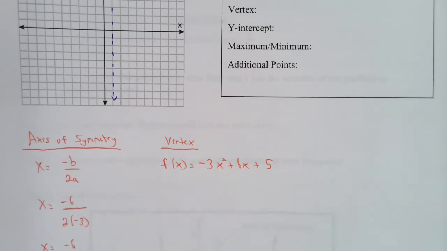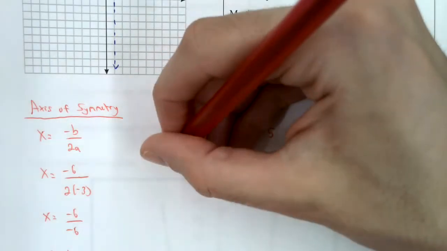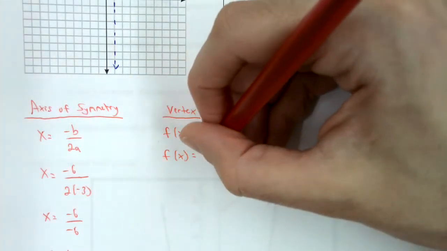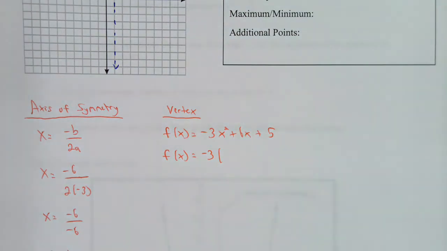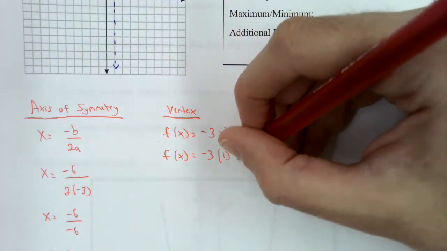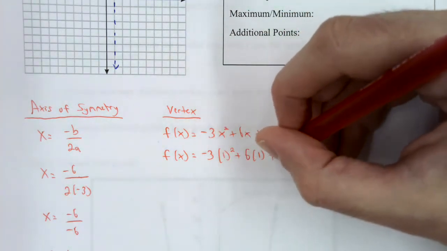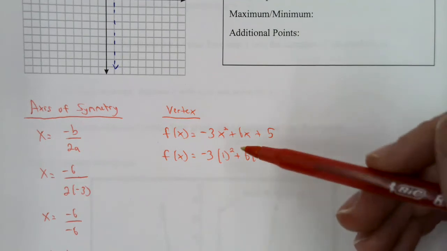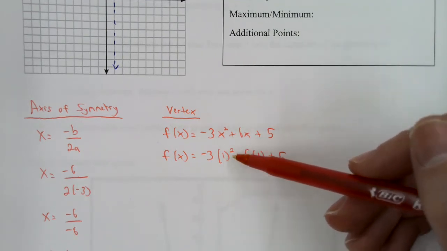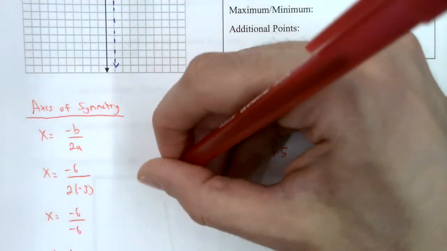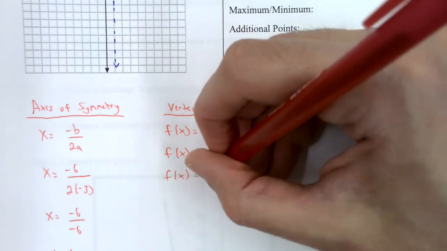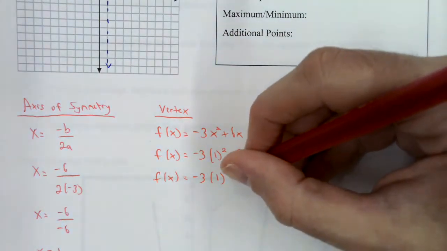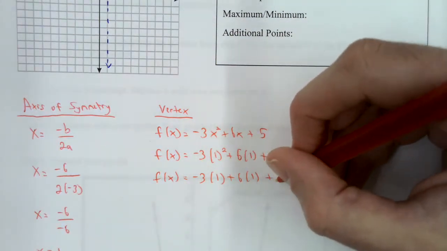You have to be careful when you follow the order of operations, though, okay? So f of x equals negative 3. We're going to replace the x with 1 because that was our axis of symmetry. And again, this is not negative 3 times negative 3 is 9. That's not that. You have to do 1 squared first. Order of operations. So 1 squared is 1. So it's negative 3 times 1 plus 6 times 1 plus 5.